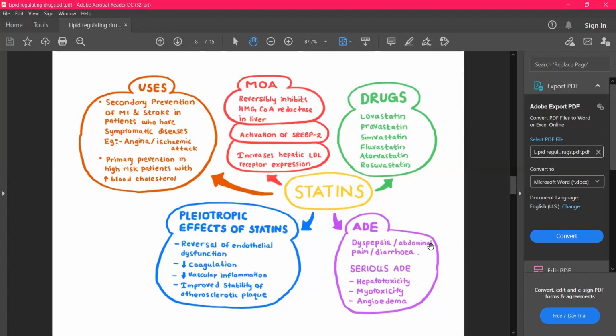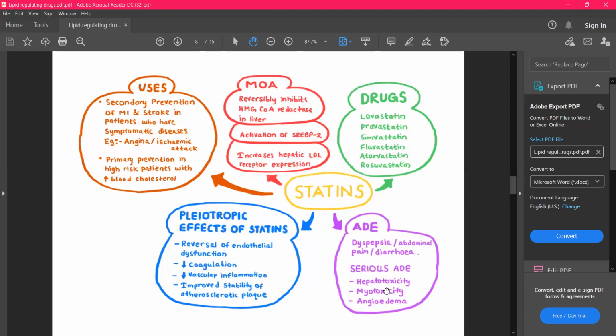So it's essential that you evaluate your AST, ALT levels, and if your AST levels are more than 3 times the upper limit, there's a range, right? So if it's more than 3 times the upper limit, then of course it's better to stop the drug. And then there's a chance for myotoxicity, basically rhabdomyolysis.